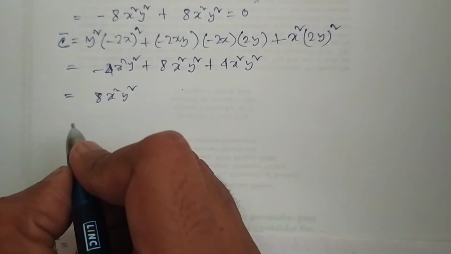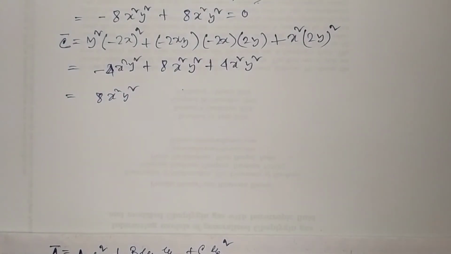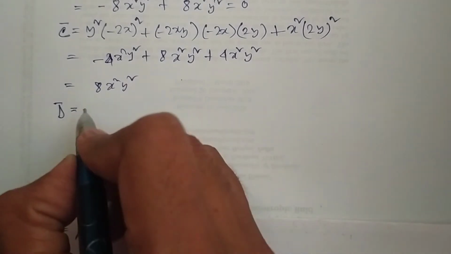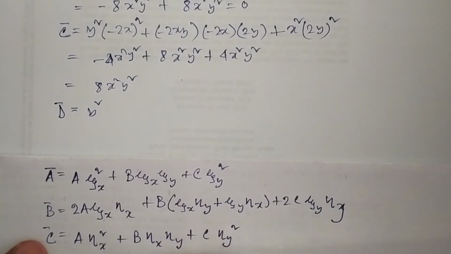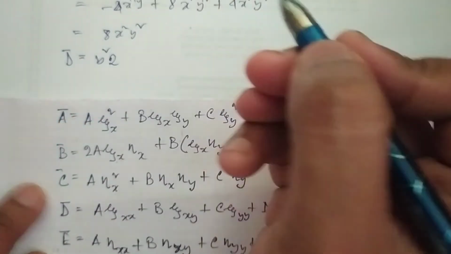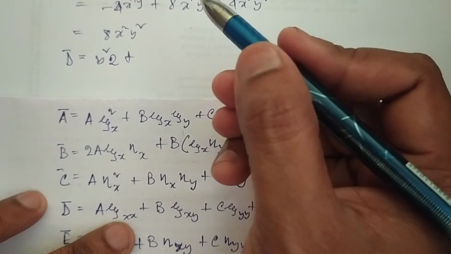And so if we see all other parts, okay, so d bar is equal to a, that is y square, a xi xx is 2, then b, x and y both are coming and there is no such term, right?